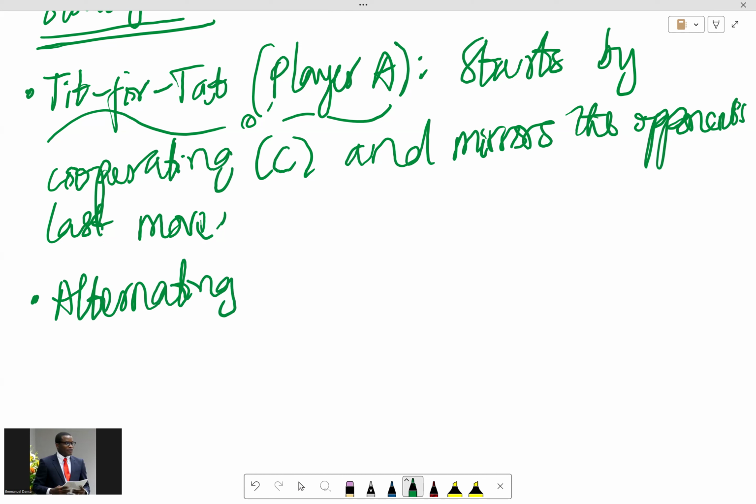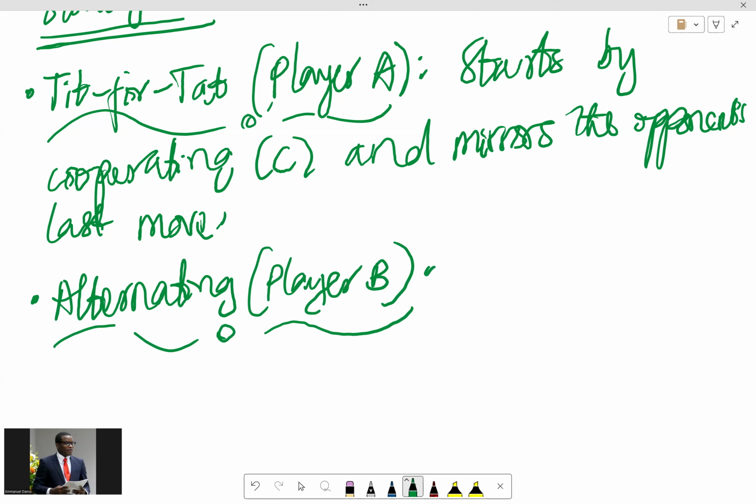So you can define your own game in a different way. It all depends on your outcome. So player B adopts alternating. That means if player B defects the first time, the second time player B is going to cooperate, and then next defect, so it's C, D, like that. That's the idea of alternating.